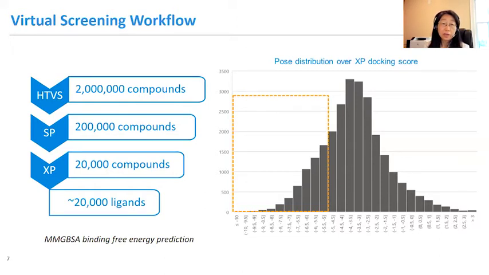In the end, we have a few hundred to thousand compounds that we can submit to our biological assay, depending on the throughput of our testing scheme.